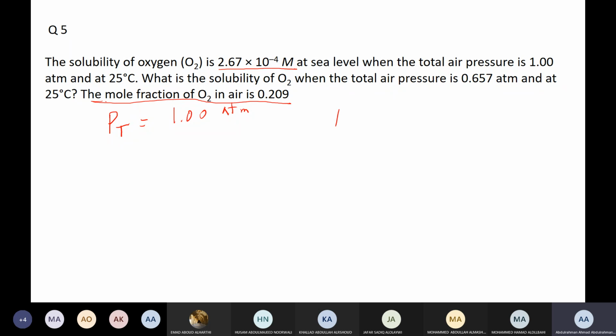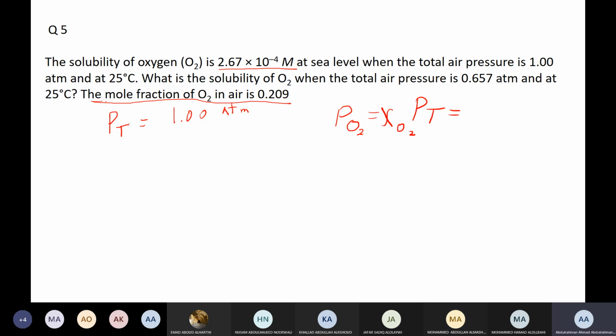Then what's the pressure of O2? Do you remember this in chapter 10? You remember Dalton partial pressure? Mole fraction times P total. Mole fraction of O2 times PT.